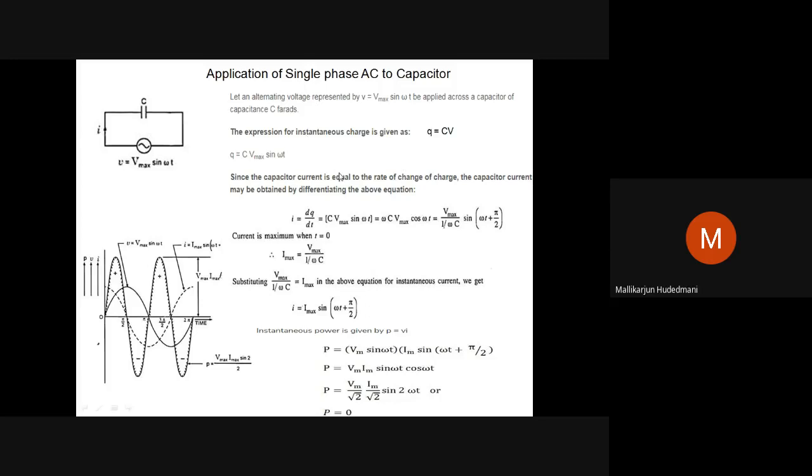Therefore, Vmax divided by 1 by omega C, which is XC, gives the current Imax. Therefore, I can write Imax equal to Vmax divided by 1 by omega C. So in general, from now onwards, current in an ideal capacitor is Imax sin(omega t plus pi by 2). This is what I get.